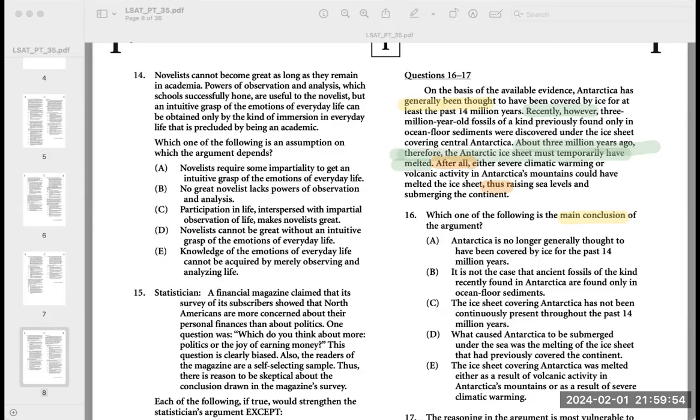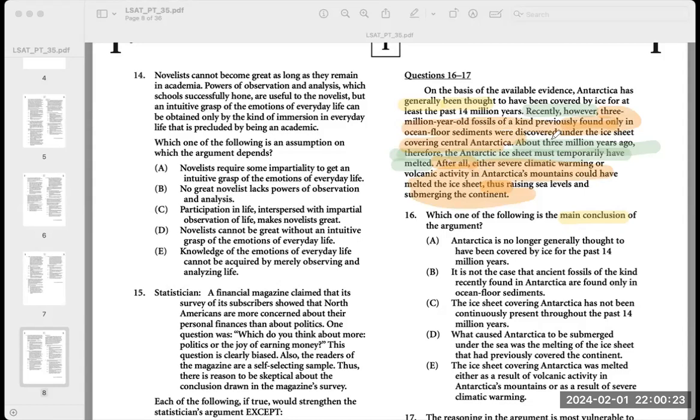But you can also see from the relationship between the ideas that it's all pointing towards the ice sheet must have temporarily melted, based on all of this evidence as well as this. So yeah, it's pulling all of that together to get us to the conclusion that the ice sheet must have temporarily melted at that time.